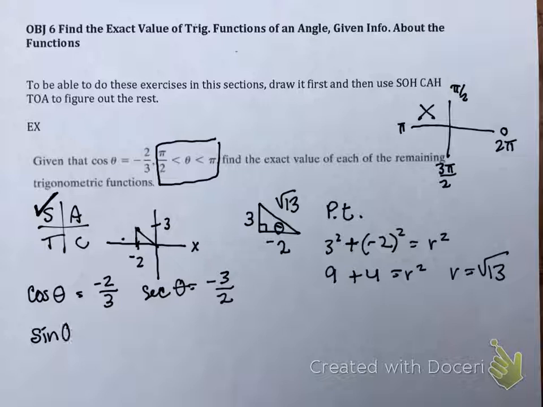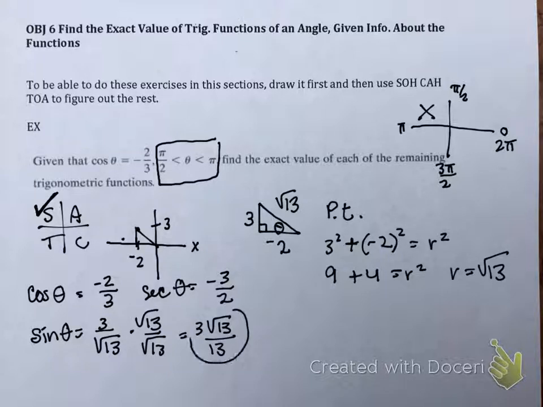Sine, once again, is defined as opposite over the hypotenuse. So you get 3 over radical 13, and we expect this to be positive. The reason why is we're in quadrant 2. So if I rationalize this, I get 3 radical 13 over 13. Its reciprocal function is cosecant, and if I flip this over, I get radical 13 over 3.